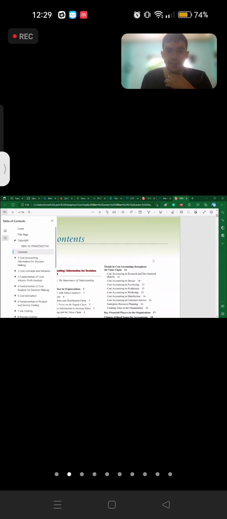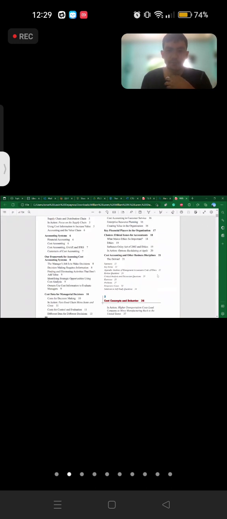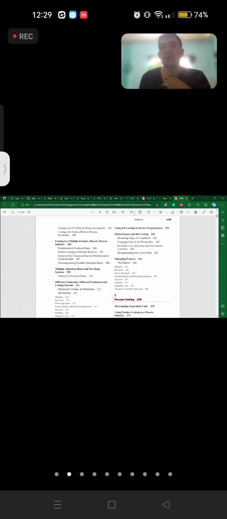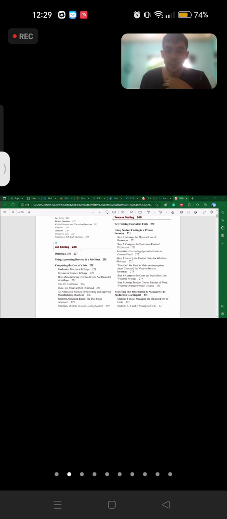Tignan lang natin yung table of contents. Kung maghahanap kayo ng books online, kasi tinatamad kayong magbuka at maghiram ng book, pwede kayong magtingin dito. Lalo na pag international.